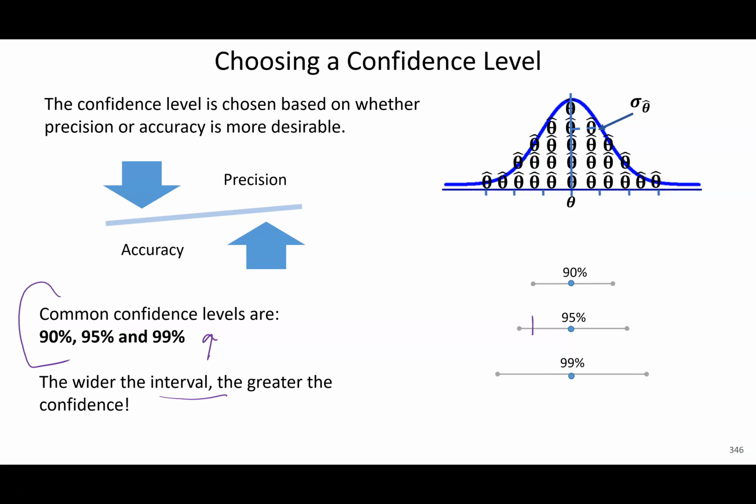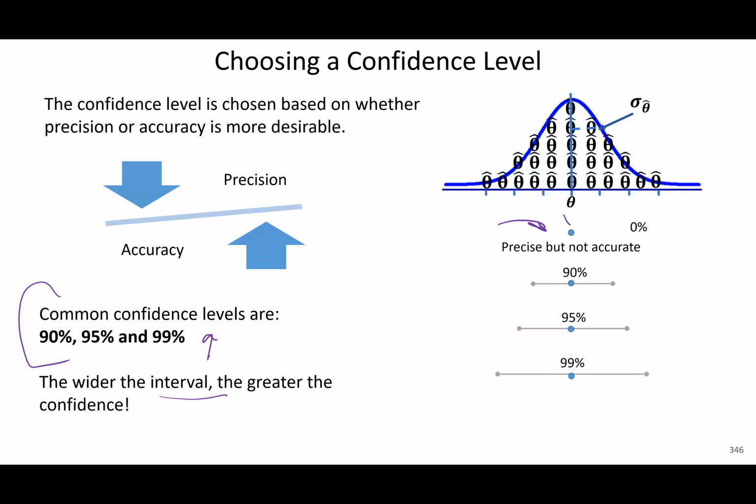The 95 is the 90 plus some, so it's a little wider than the 90. And then the 99 is the 95 plus some. So the higher the confidence level goes, the wider it gets. You're more certain that the interval has it in it because you're using a wider net.